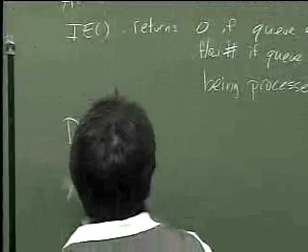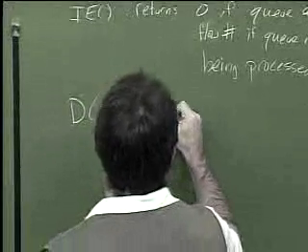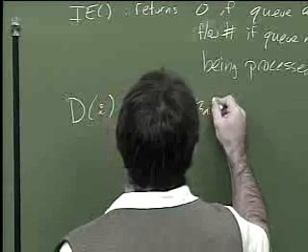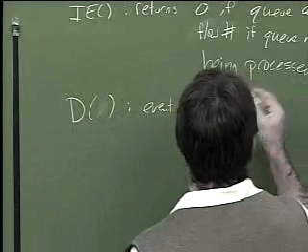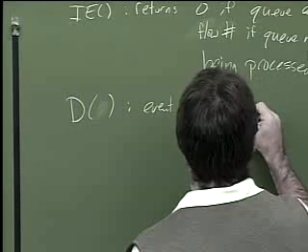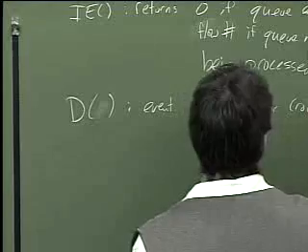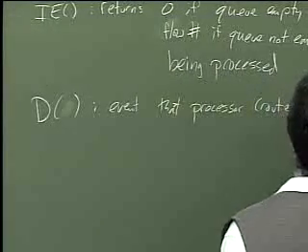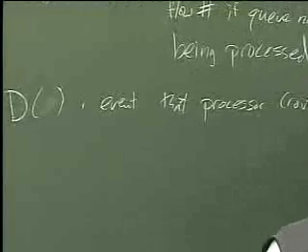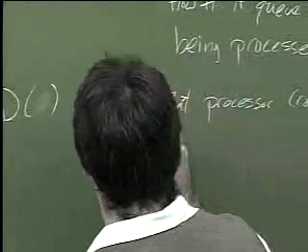D of I is the event, let's just say D, is the event that the processor, the router, finishes processing the packet.